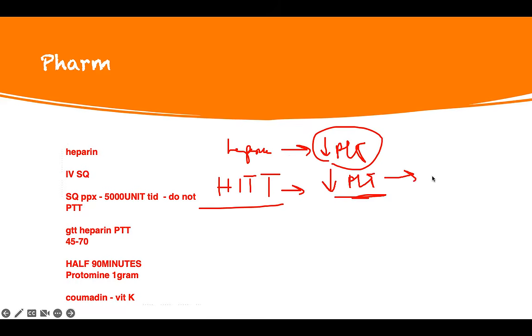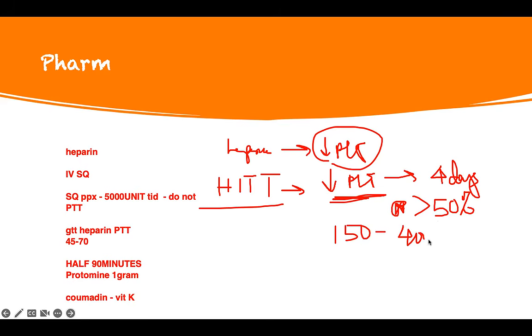But if it happens after 4 days and is greater than 50%, even if in 1 day it drops more than 50%, you have to worry about it. So usually your level is like 150 to 400,000. So anything below 150, start worrying that the platelet is low.